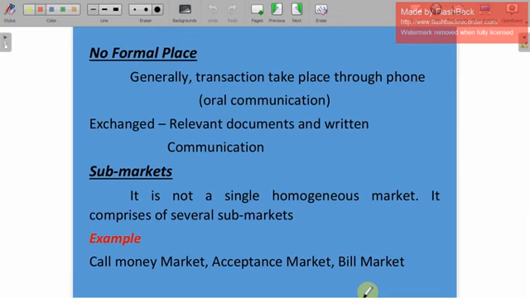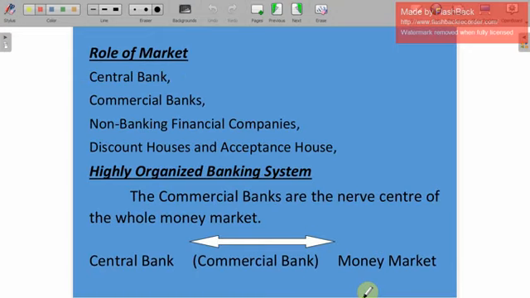So it has some submarkets. The components of the money market are central bank, commercial bank, non-banking financial companies, and discount houses and acceptance houses. These are the components and the role players of the money market.